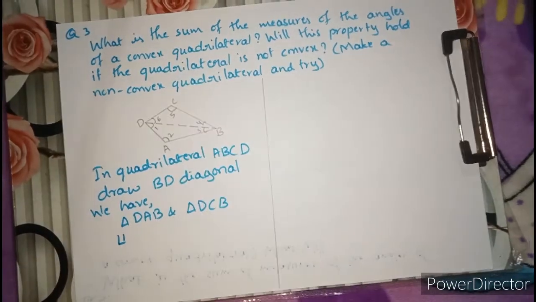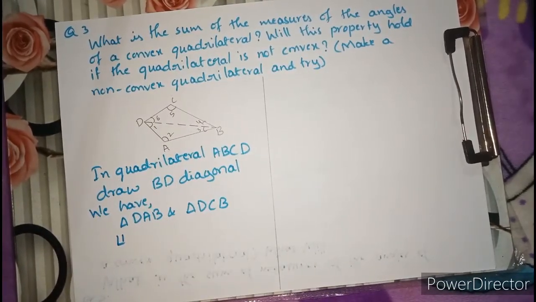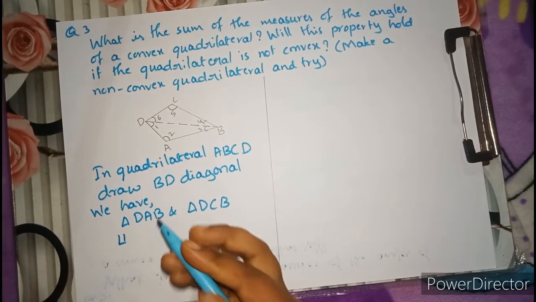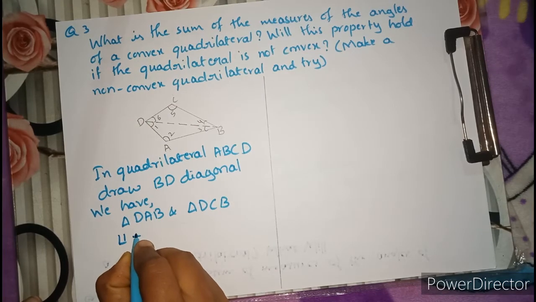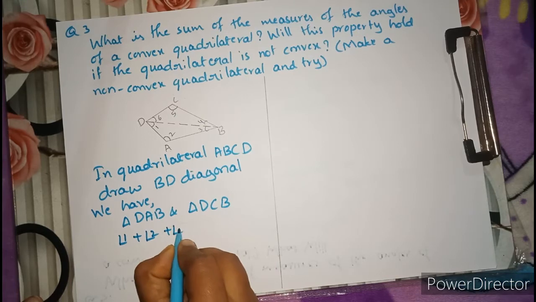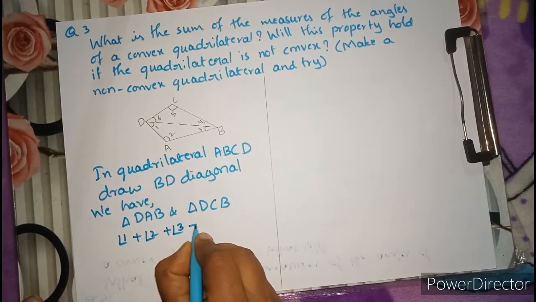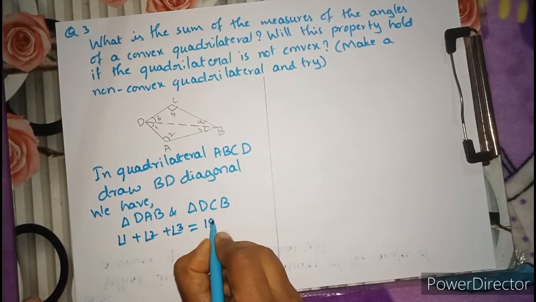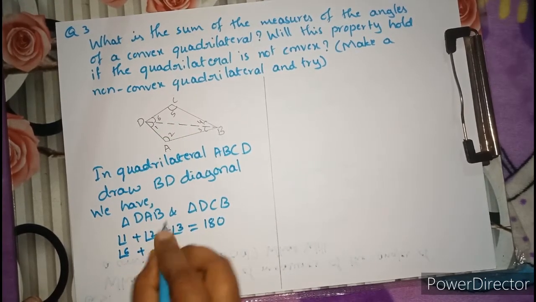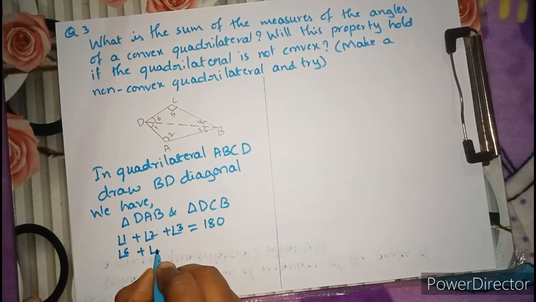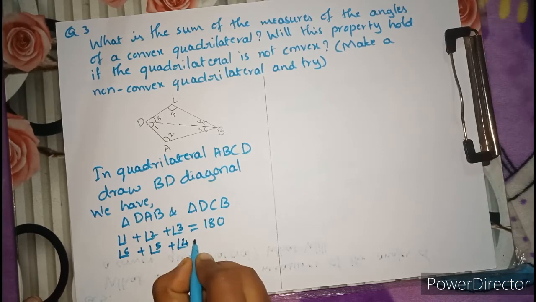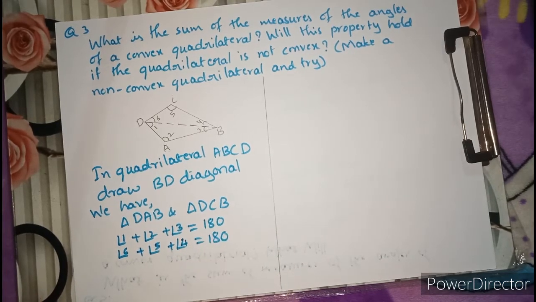We have 6 angles in this quadrilateral now. We know that angle 1 plus angle 2 plus angle 3 is equal to 180, and angle 6 plus angle 5 plus angle 4 is equal to 180.